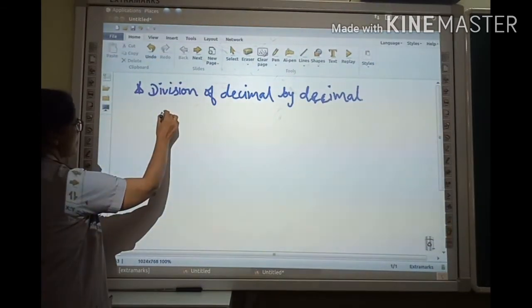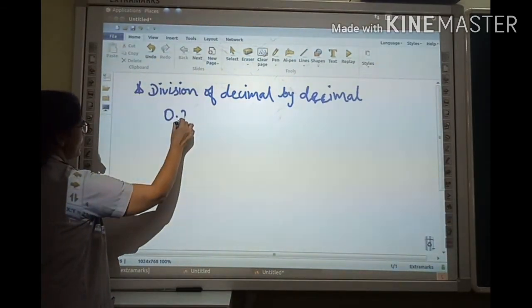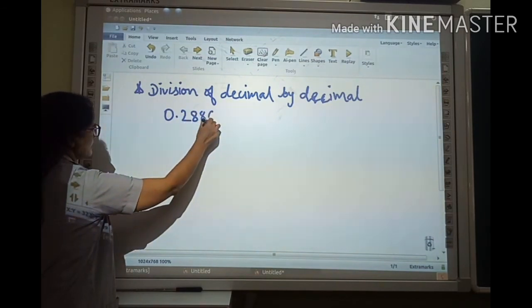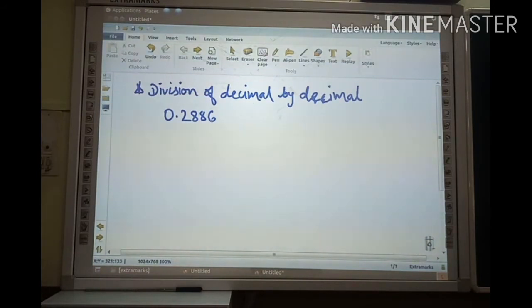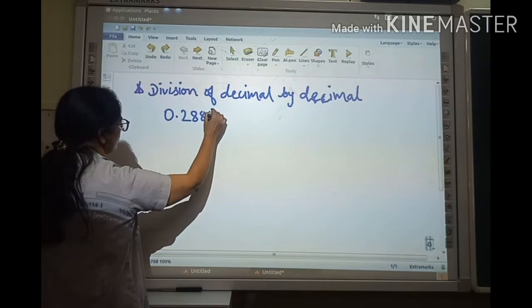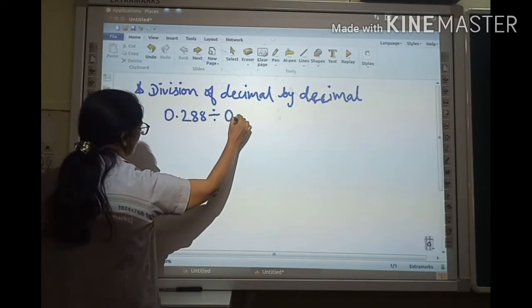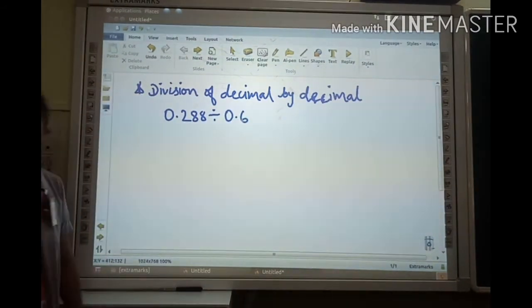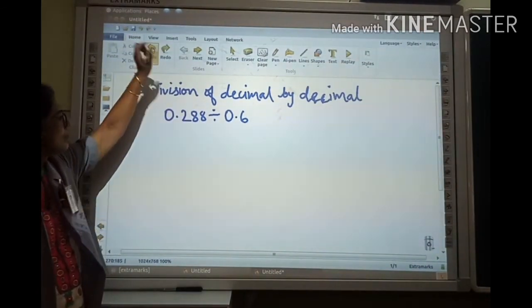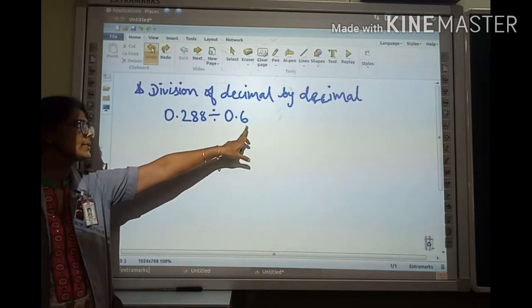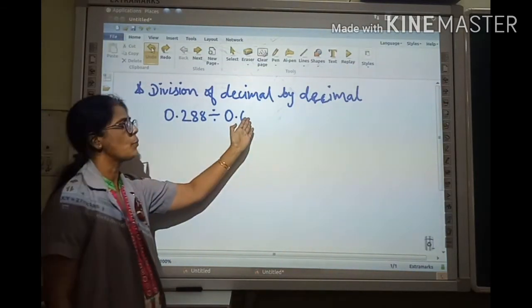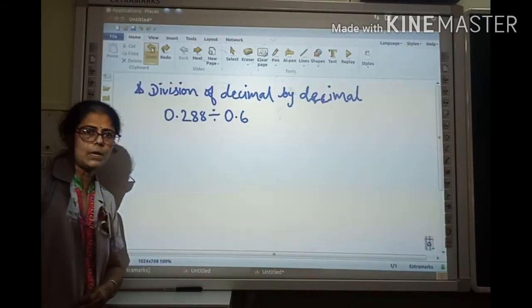I will explain by an example: 0.288 by 0.6. Here 0.288 is a decimal number and 0.6 is also a decimal number, right?